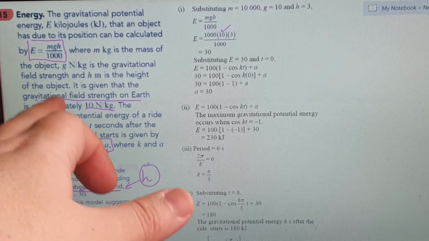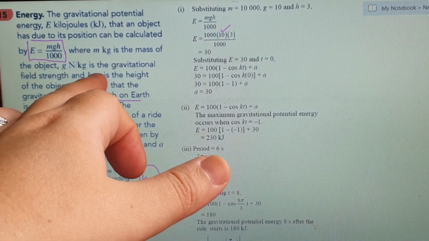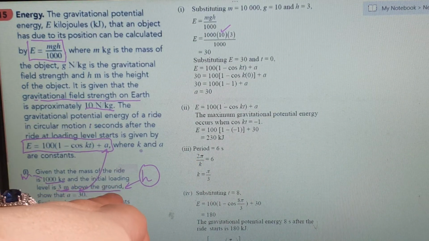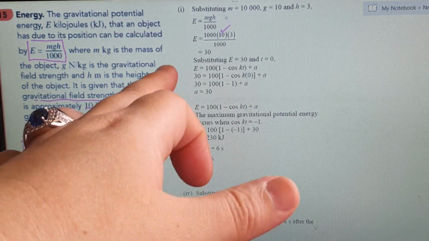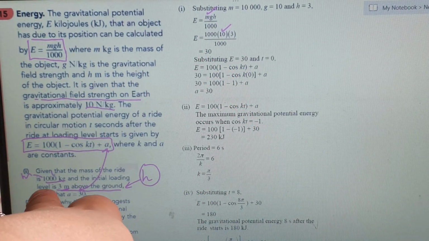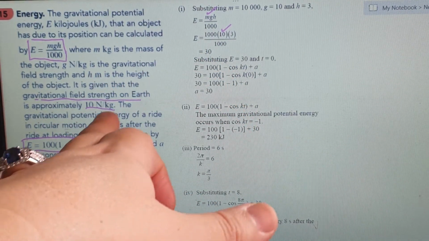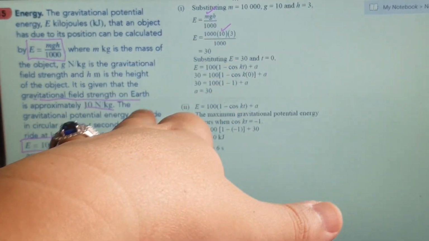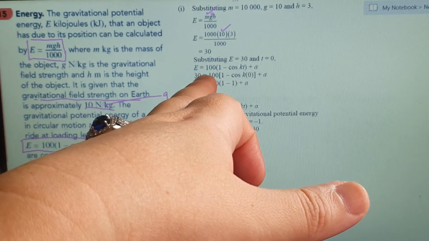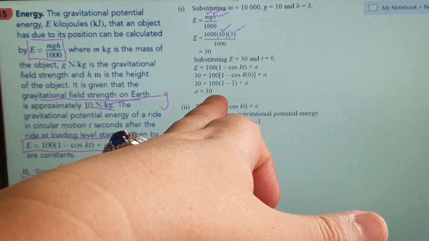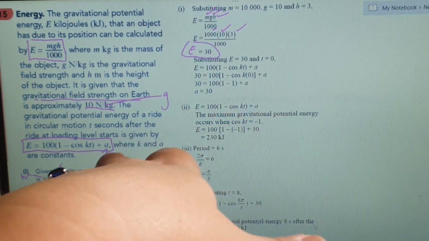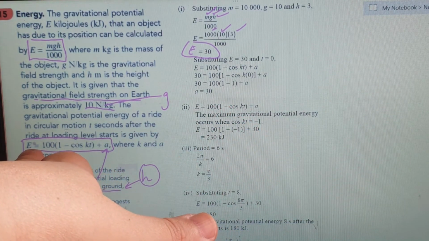Okay, so you must be able to identify this. H is the height of the object. There, 3 meters above the ground. Isn't that the height? All right. So you know your M, which is here. Then I told you already, you know your G, which is 10. And then you know your H, which is 3. Then you can find your E already. Why must find E? Because there's an E here.